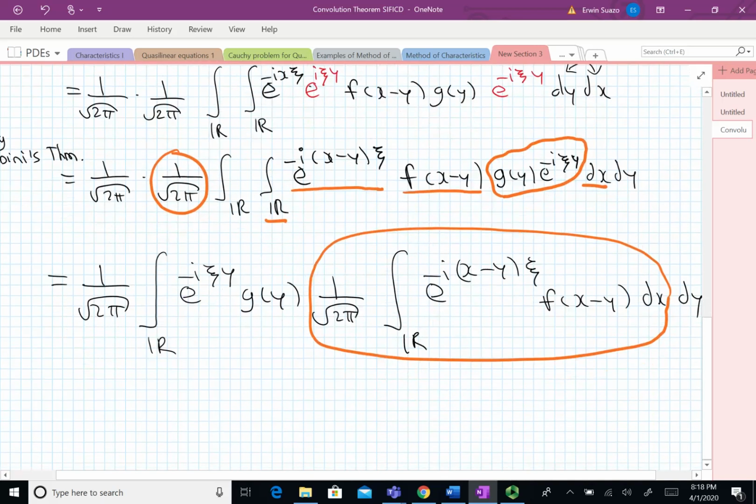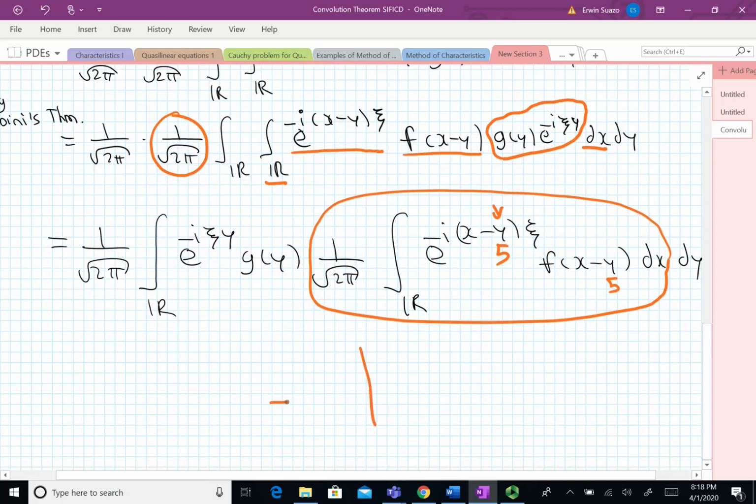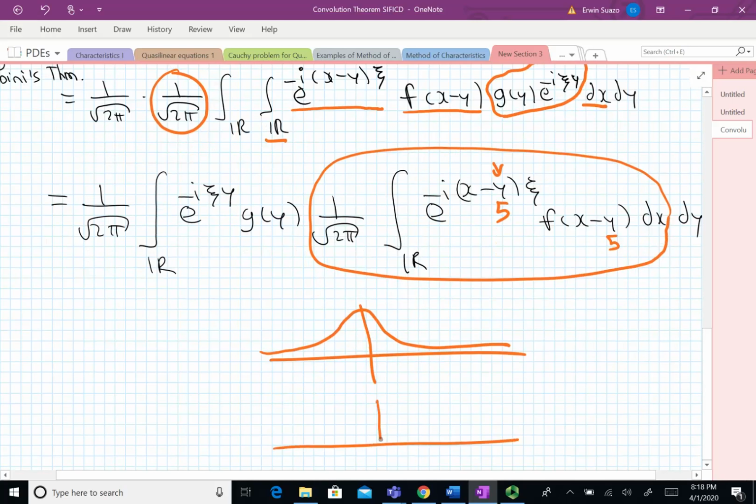So this is an integral that, if I do a substitution, notice this y is just a constant. This y is like the number 5, because this integral is with respect to x, right? So what happens when you find the integral of a function, let's say centered at 0, and then you compare it with the same function moved to be centered at 5?